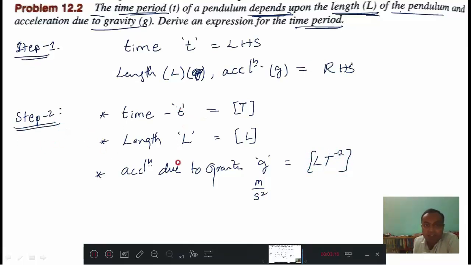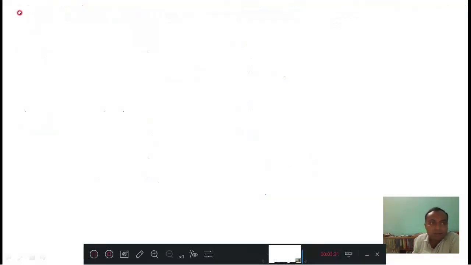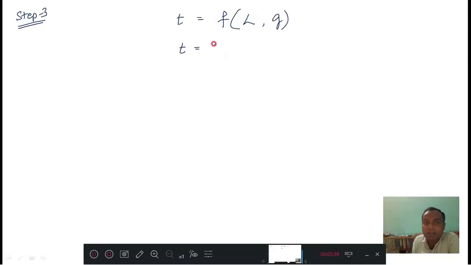I wrote the dimensions of all the parameters, right? Now I will go to the third step. Step 3: now I will write the form of Rayleigh's equation. Rayleigh's equation is: T is a function of L and g. Now you can write it as, the function f we will remove it, we will consider a proportionality constant K times L times g, and here power a, power b, you should not forget.